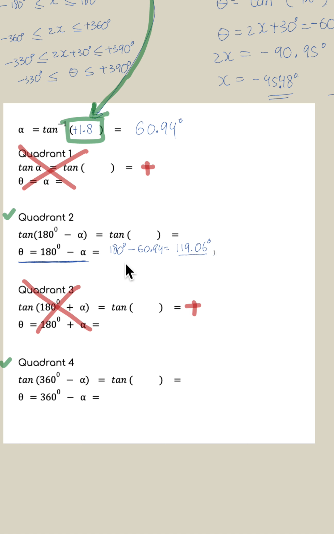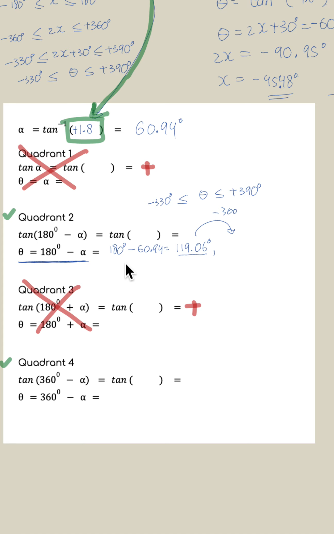You can try to minus away 360, because if you remember here, theta is between 330 to 390. So we might find the other angle here.